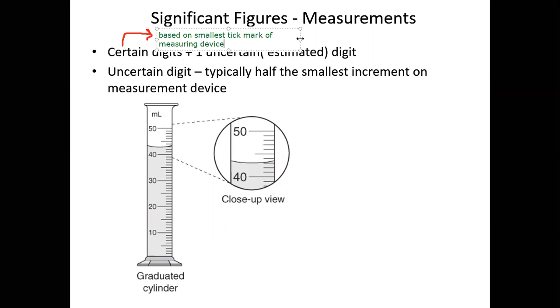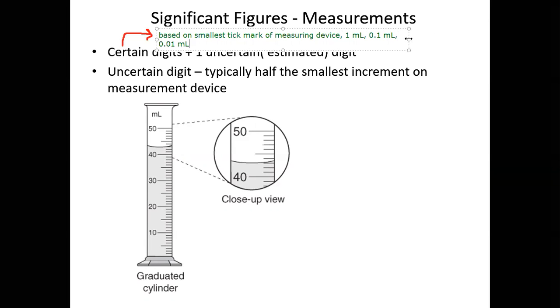Now, typically the smallest tick mark is some power of 10. It could be the ones place, the tenths place, or even the hundredths place. And with those, it's fairly easy to determine the estimated digit. However, you do have some glassware where the smallest tick mark is not, say, when we're looking at smallest tick mark, we're saying things like 1 milliliter, 0.1 milliliters, 0.01 milliliters.